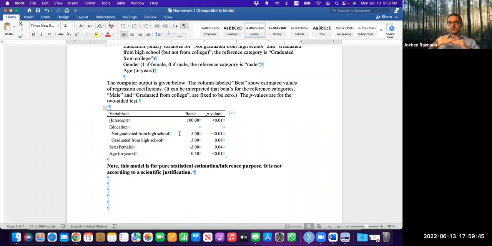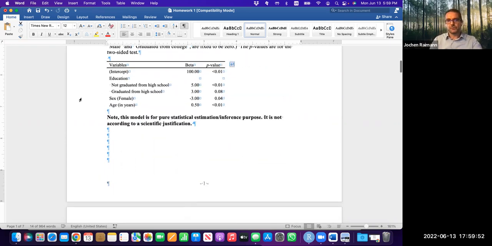Or he or she graduated from college. Then it's 0. Then this drops out. Then you don't have to add anything for this variable. Now you have somebody who is female or male, and you basically add or subtract. Or you have somebody who is like 70 years old, you basically multiply this with 70 and you add it to your multiple regression model. Does that make it clearer? So it's a different example, a different way of applying the model and to predict actually your outcome variable, which is y hat 2. Does that make it clear?